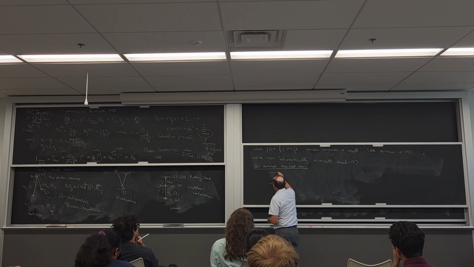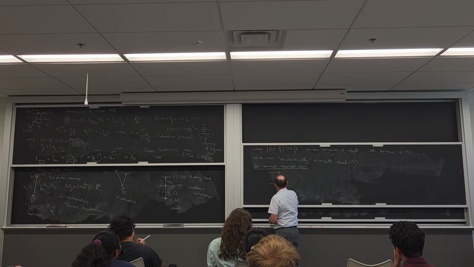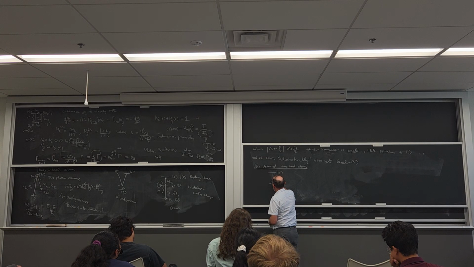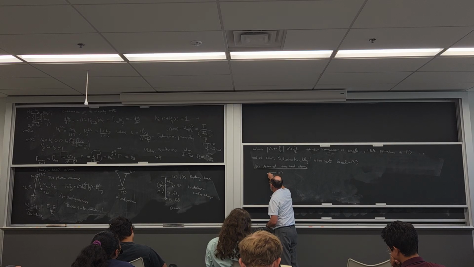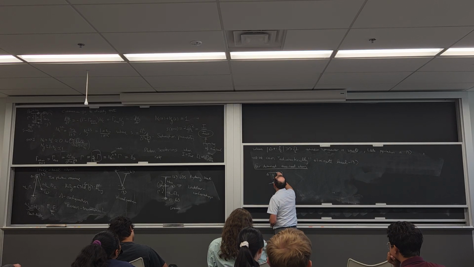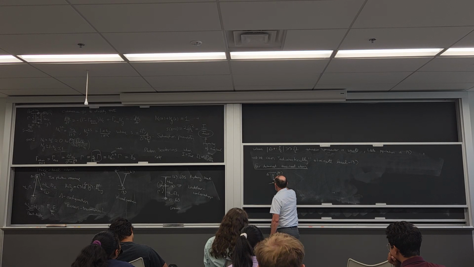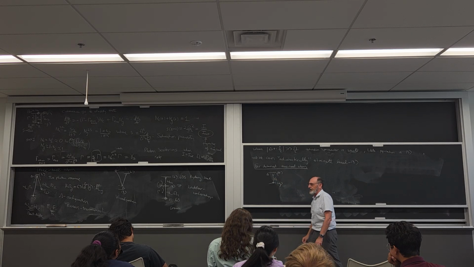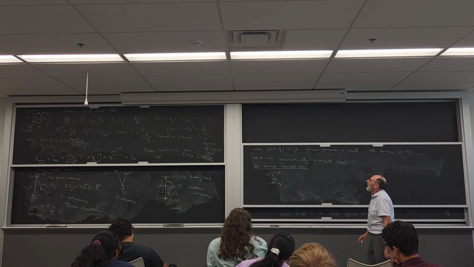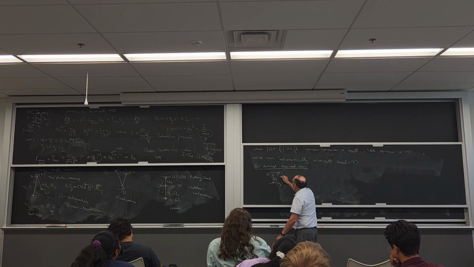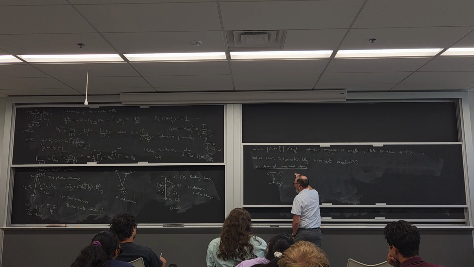So let's just see how this goes. Let's say I have my 2-level atom and I'm detuned by some amount. This thing has some spontaneous emission rate and there's some Rabi frequency associated with it. I can look at this problem in the following way.